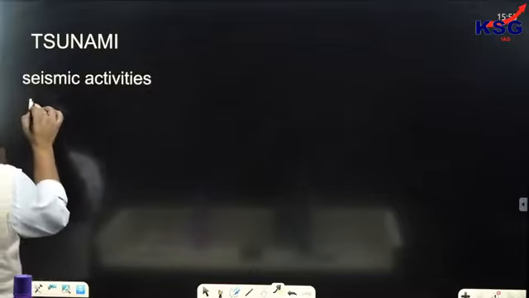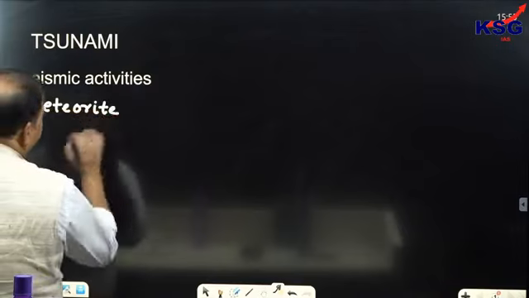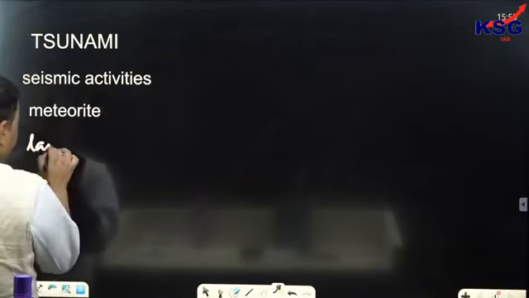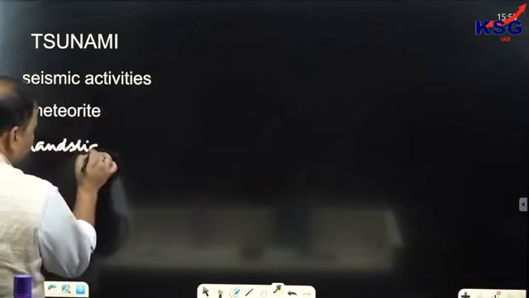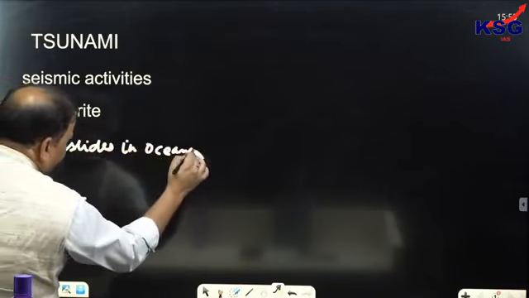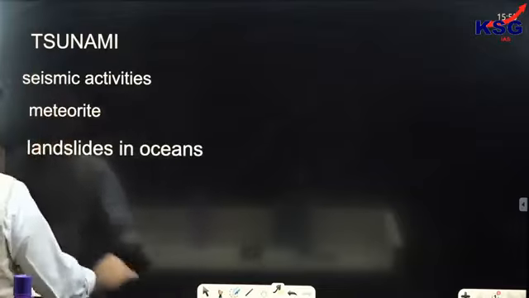Clear. But it can also take place due to falling of a meteorite. It can also take place due to landslides in oceans. Clear. So all these are responsible for tsunami.